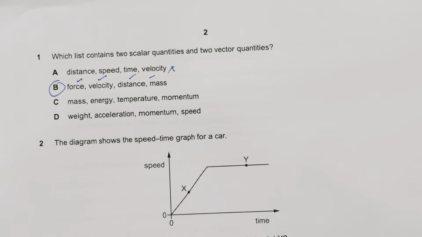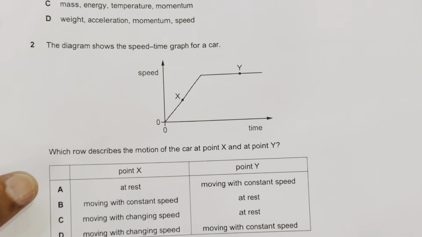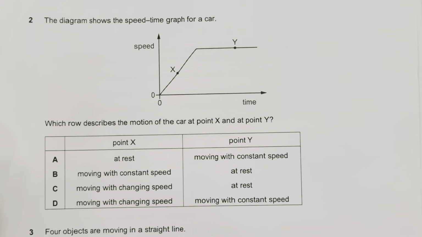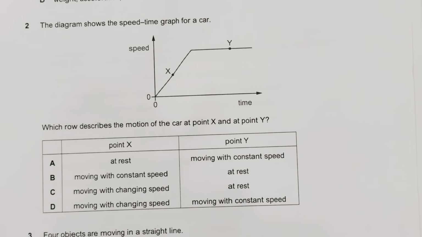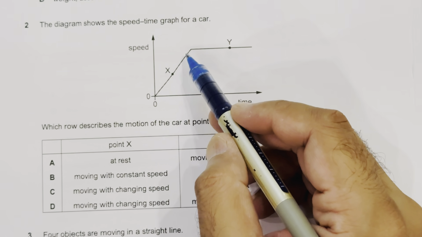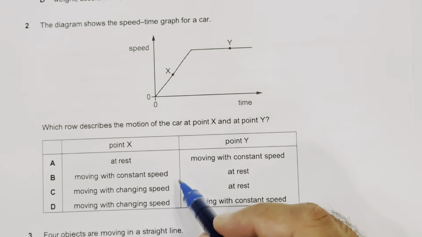Moving to question number 2. The diagram shows the speed time graph for a car. Which row describes the motion of the car at point X and point Y? So we need to identify the motion at X and the motion at Y. We know that there is a gradual increase in the speed at point X, so it is moving with changing speed.